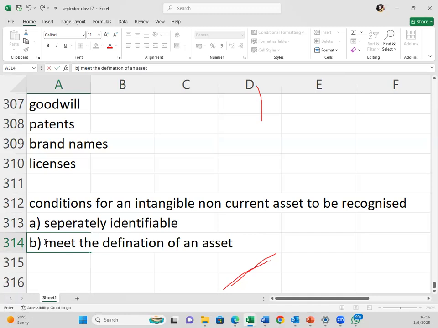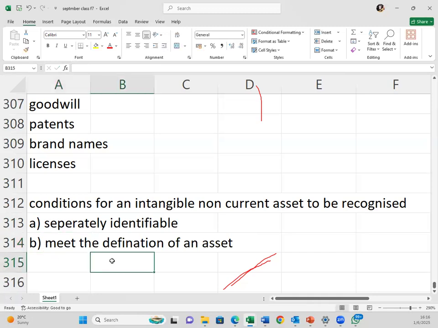So if it's an asset, we must be in control of it, and it must be capable of bringing economic benefits. So we can say it's an intangible asset if we have been given control and it's capable of bringing us benefits. It's not every name that qualifies to be an asset.